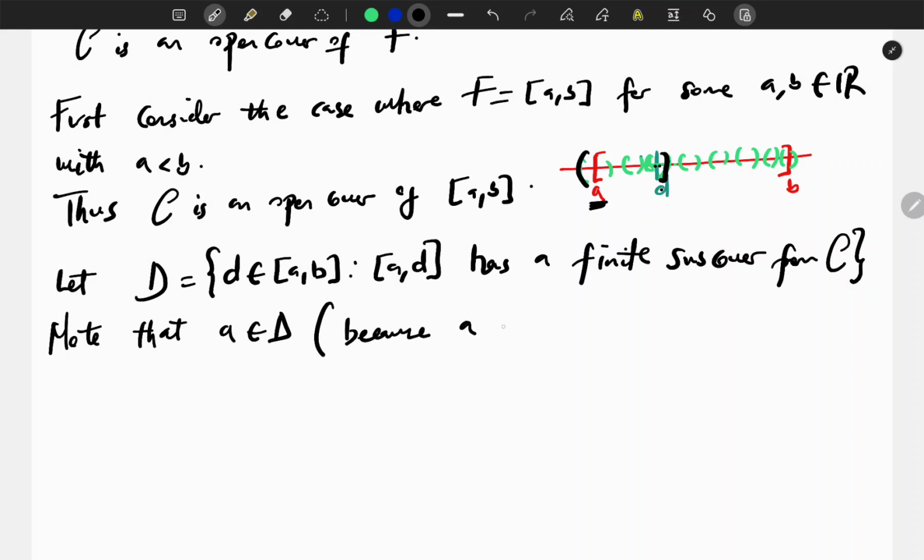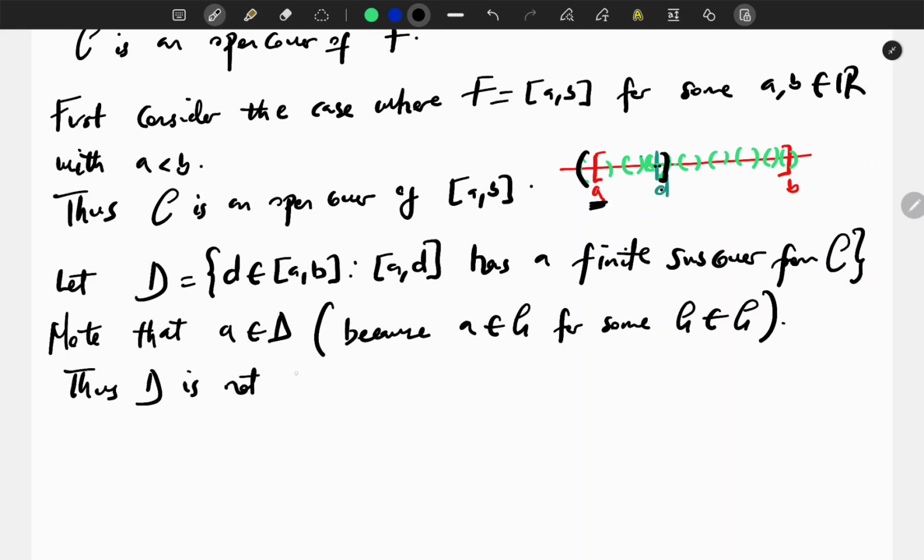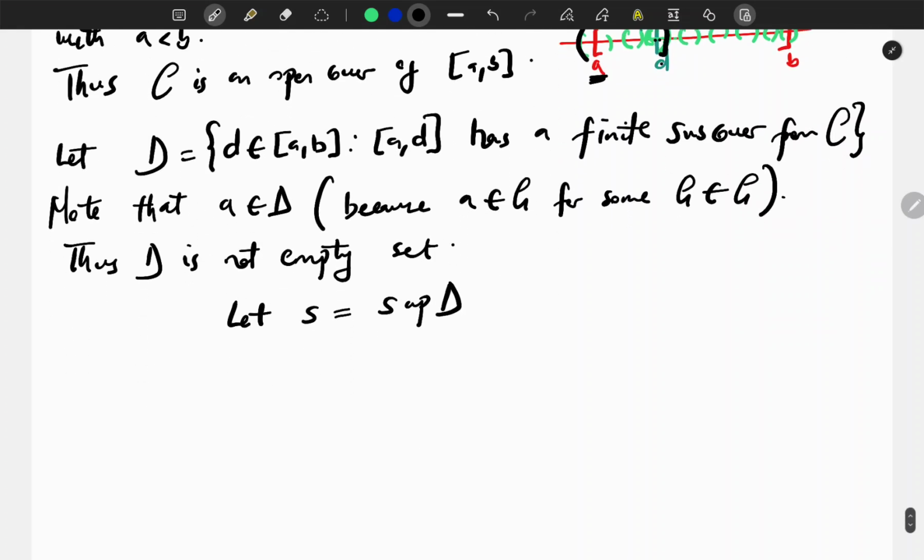Because a belongs to G for some G that belongs to our collection of sets. Thus D is not an empty set. So if D is not empty, then we should be able to have a sup of D. So we say let x equal the sup of D, which is the least upper bound.